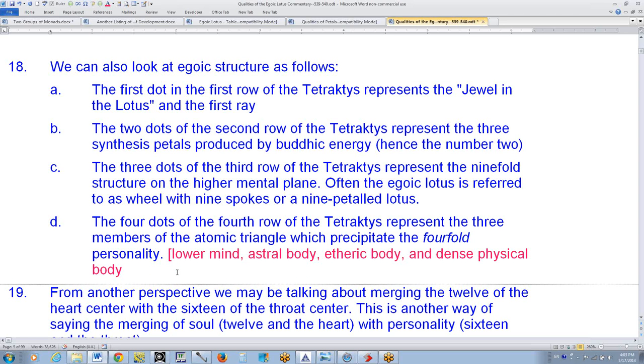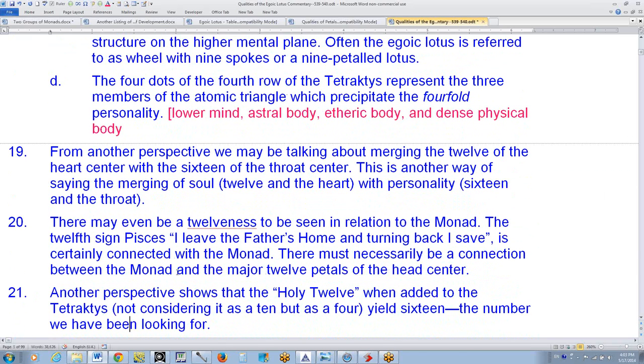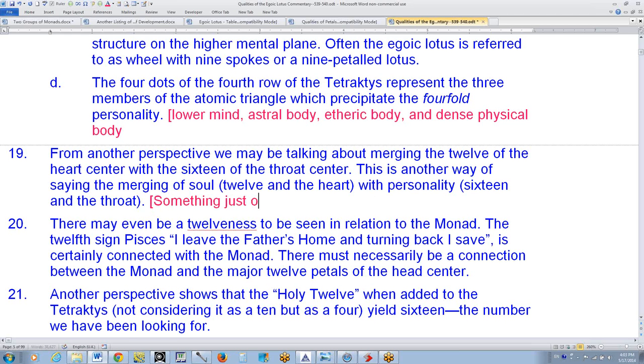So we're changing different perspectives here. From another perspective, we may be talking about merging the 12 of the heart center with the 16 of the throat center. And you know, this is something just occurred to me. There's another way of saying the merging of soul 12 in the heart and the personality 16 at the throat. So that's the 22.